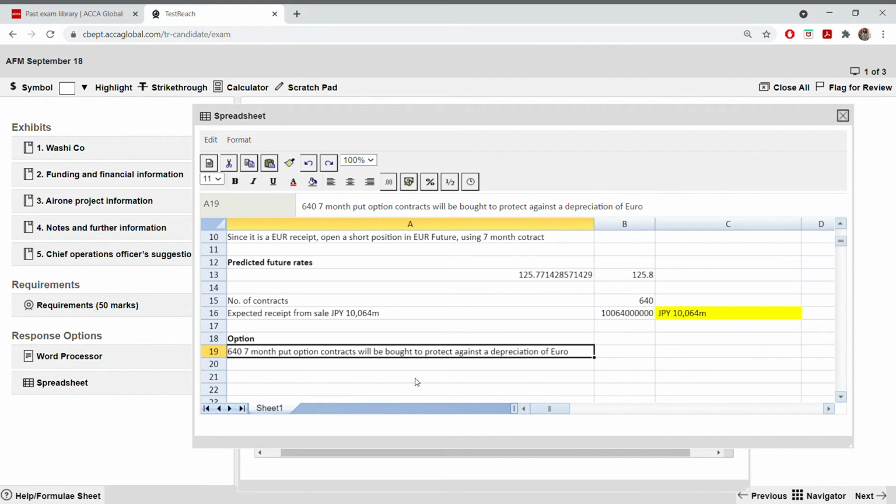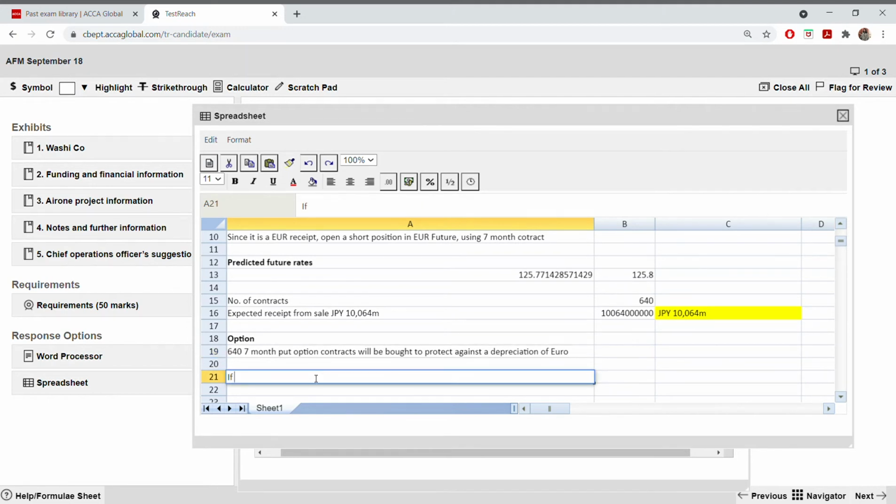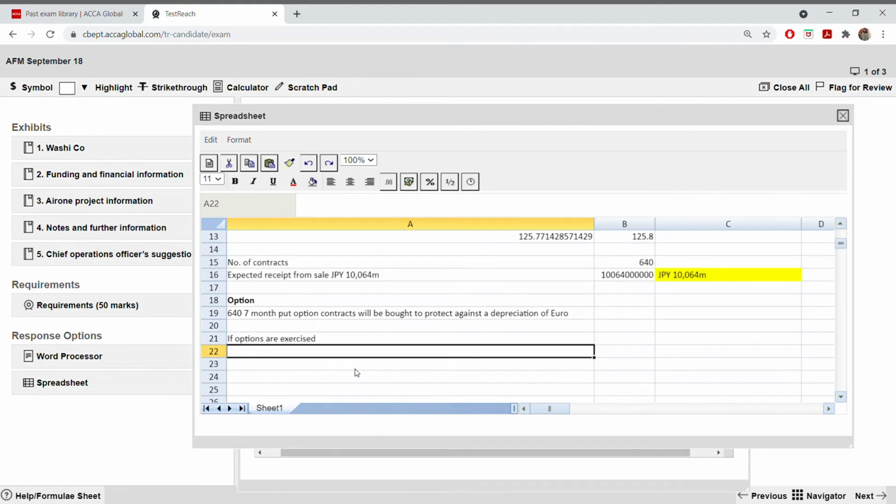Now if options are exercised, we know options are not binding, it is optional. Sometimes you exercise, sometimes you don't, but here let's assume we are exercising, because we have to compare the three things.